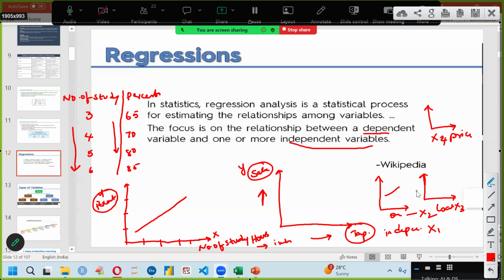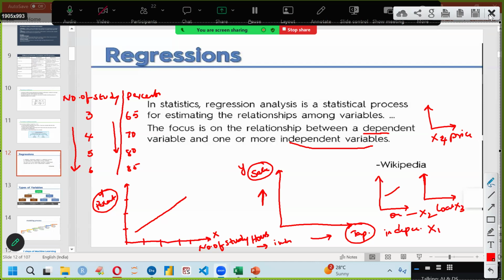What you have to understand is that when you find a relation, it would be between a dependent variable and an independent variable, or between a dependent variable and independent variables. Variables can be multiple as well.